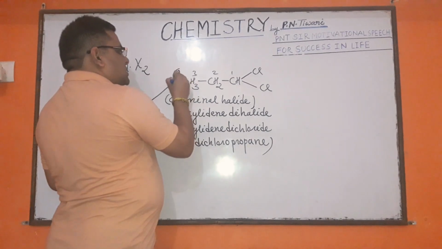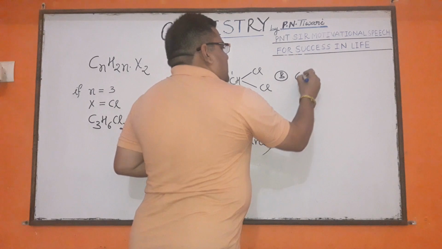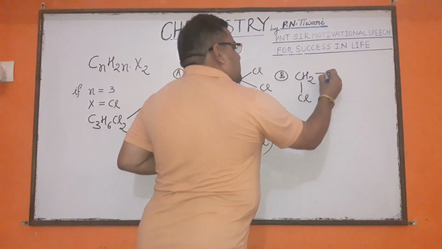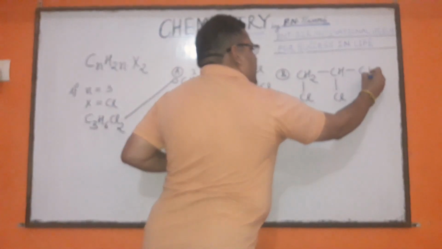It is the first structure of this dihalogen derivative, and the second structure will be CH2Cl single bond CHCl single bond CH3.